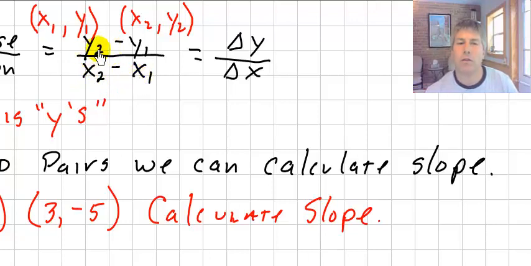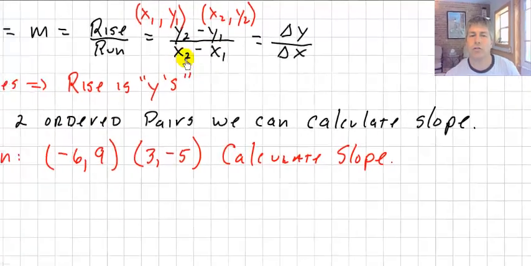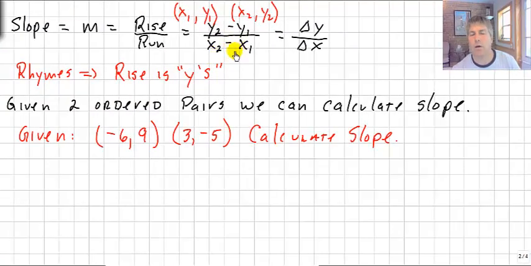Be careful with y2 and y1. If we start with the ordered pair on the right-hand side, we take y2 minus y1, we have to go back to that same ordered pair, x2 minus x1. So that's really all those subscripts mean. It means if we start with the y coordinate of one ordered pair, we have to use the x coordinate of that ordered pair in the same spot. Okay, so we couldn't use x1 down here minus y1.